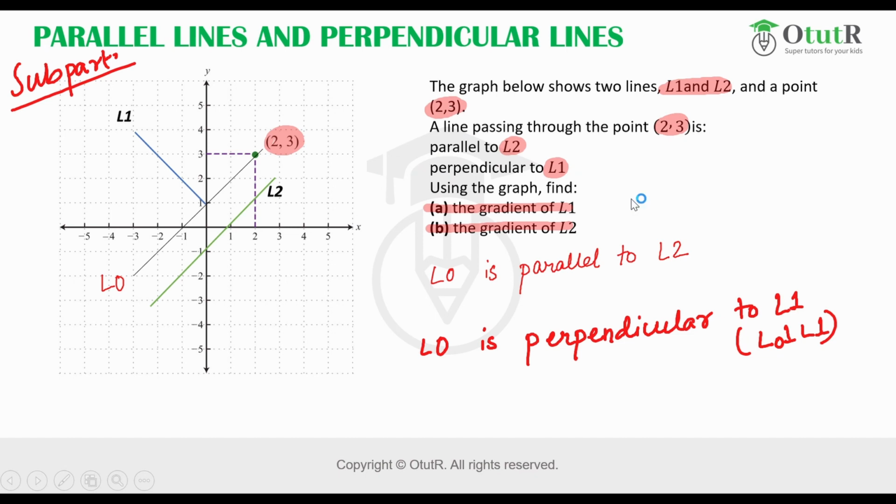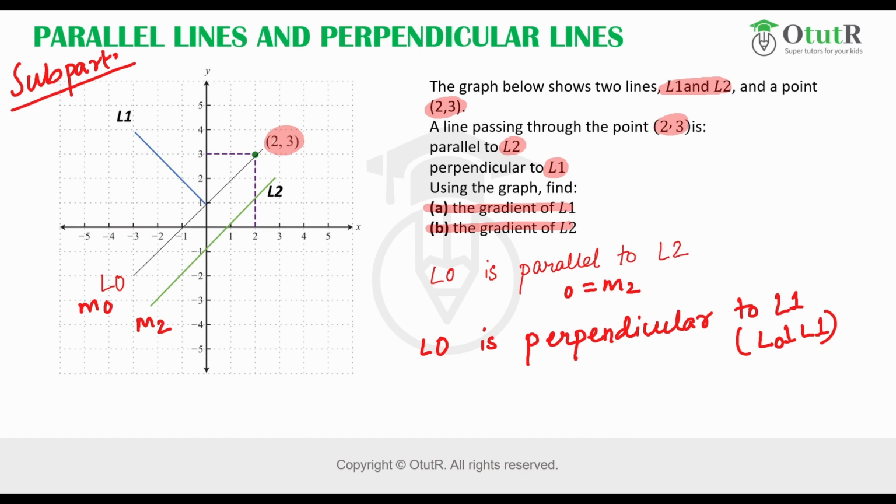For finding the gradient we basically have to use the formulas which relate the gradient of parallel and perpendicular lines. So when two lines are parallel, their gradient is the same. Suppose L0 has a gradient of m0 and L2 has a gradient of m2. So m0 and m2 are the same.